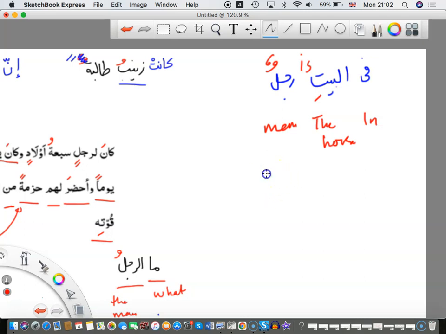Rajul is the mubtada and the rest of it is the khabar. Could you translate it as a man is in the house? A man is in the house, definitely. That's correct. That's how we say it in English. What's the difference in English between in the house is a man and a man is in the house?